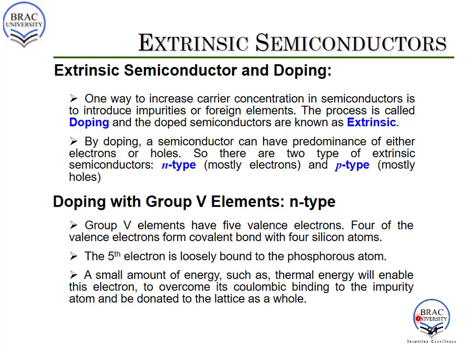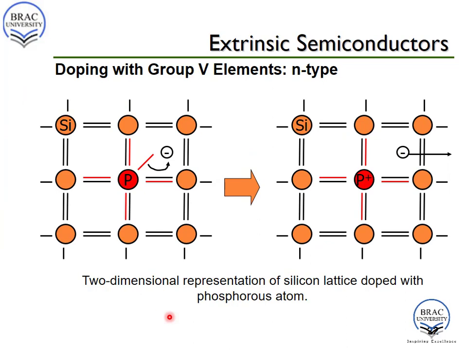Let's talk about how we can dope a silicon structure with phosphorus. Here an N-type semiconductor is shown, where a few phosphorus atoms are added as impurity to this huge silicon structure. In this illustration, each of the orange circles denotes silicon and the red circle here denotes phosphorus.